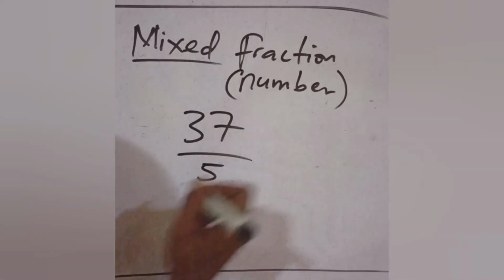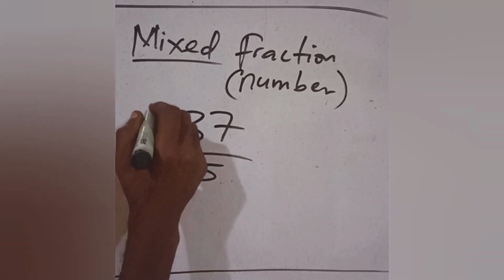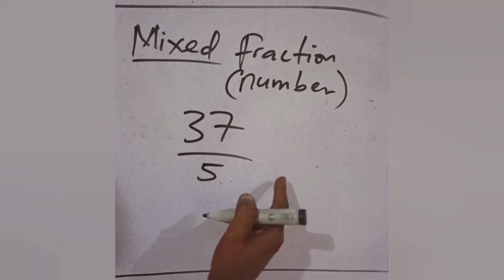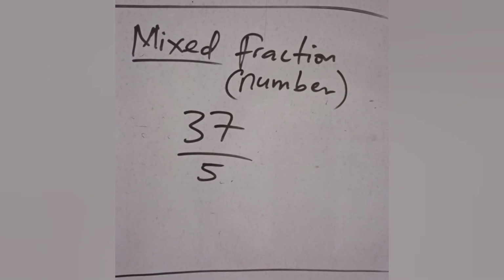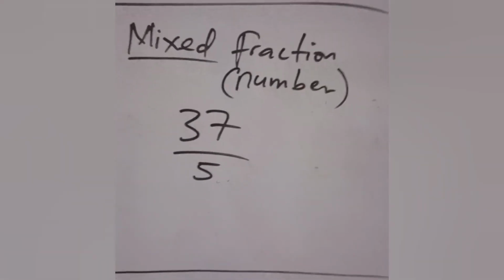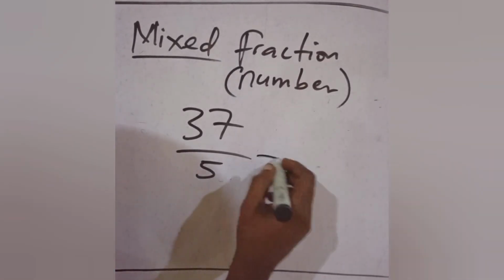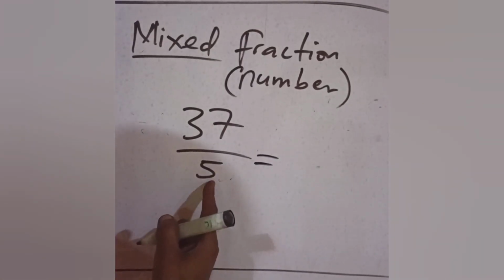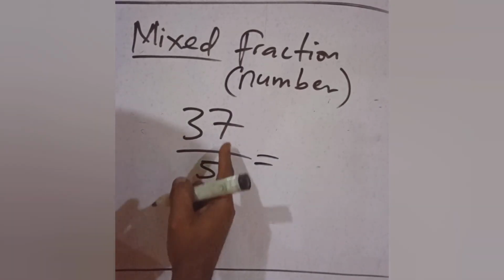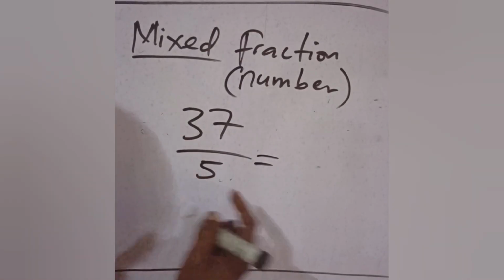37/5 is an improper fraction like this. So you have to convert this improper fraction to a mixed fraction. How are you going to do it? To do this, you divide 37 by 5.